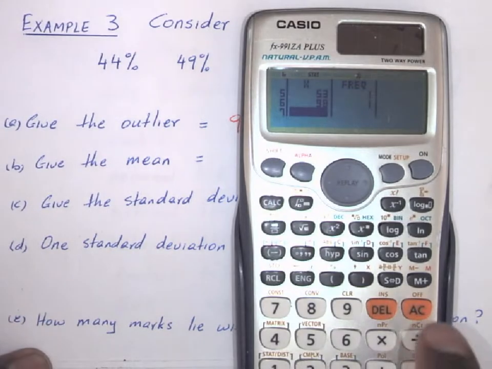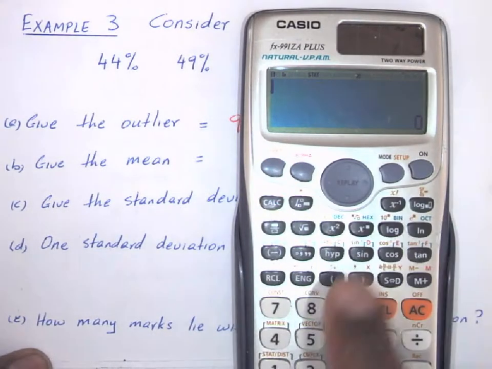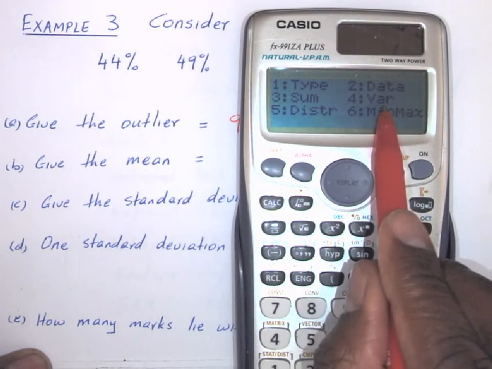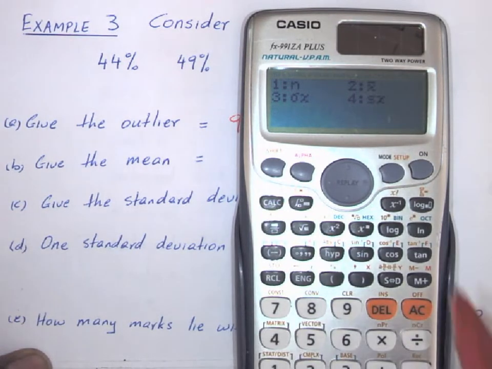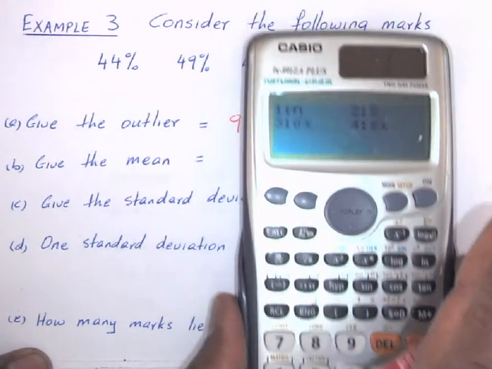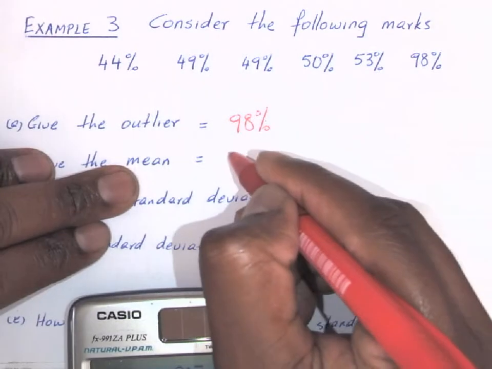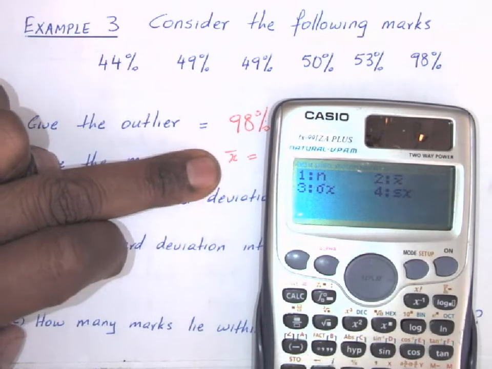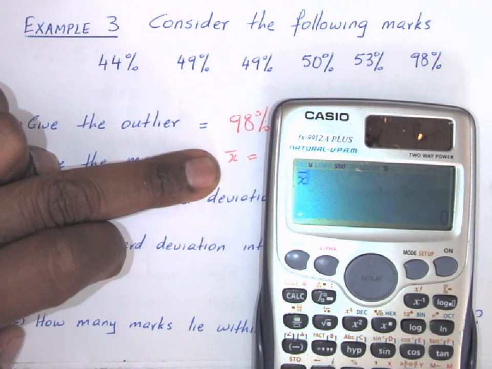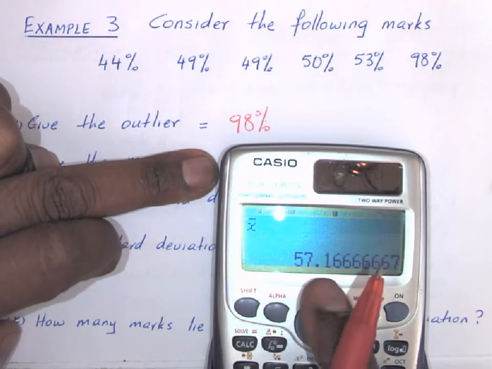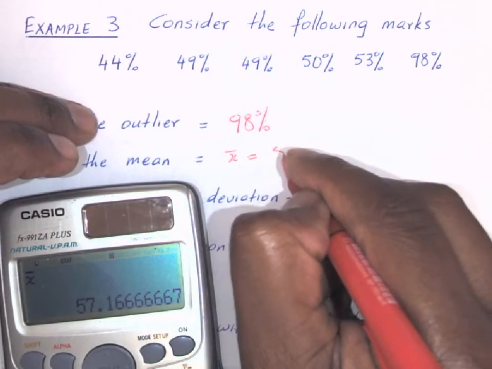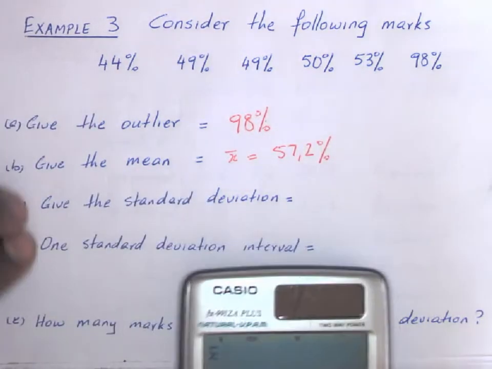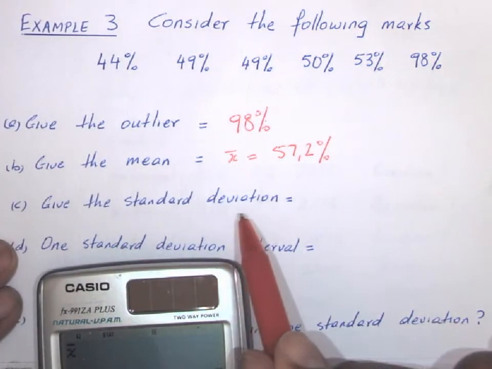Then I press AC, then shift, then stats, then 4, and the x bar value is number 2. I press 2, then equals, and it gives me 57,2. So the mean is 57,2%.